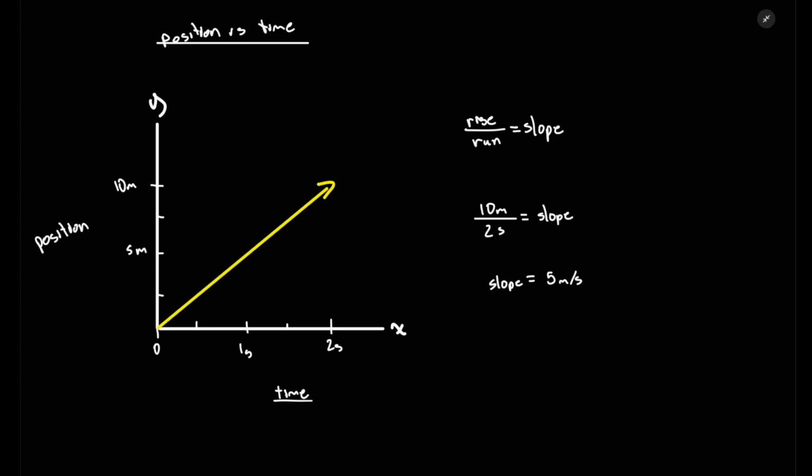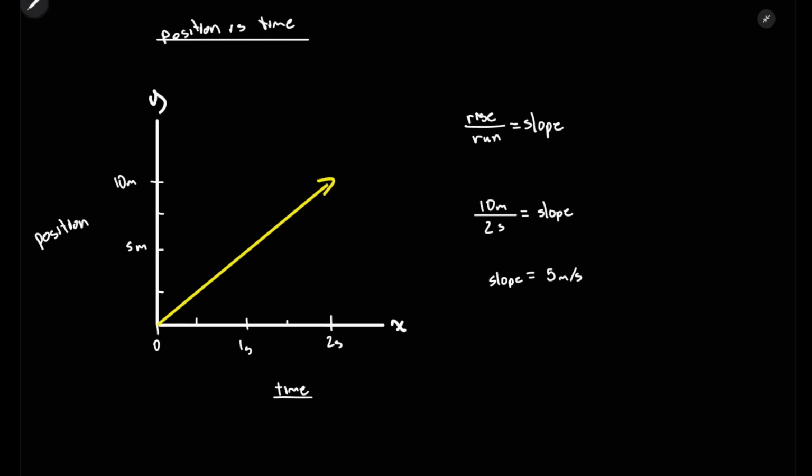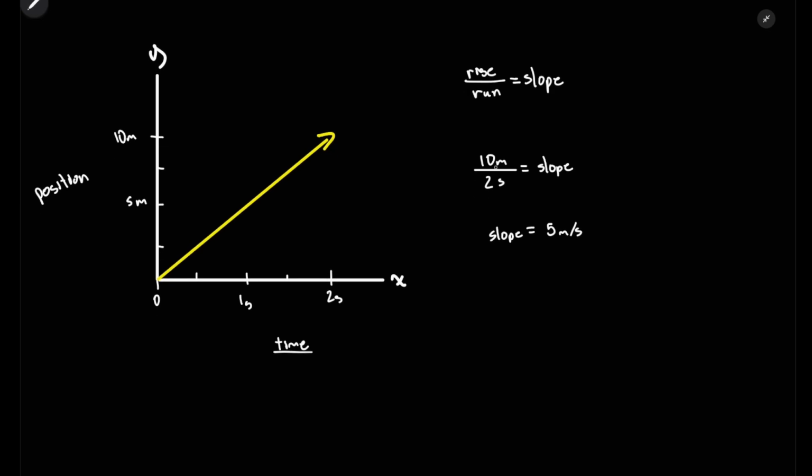So we can convert this meters per second into kilometers per hour. It just takes a bit more calculation. The way this would be turned into kilometers per hour is, instead of 10 meters as the rise, we could just turn this 10 meters into kilometers. So how many meters are there in a kilometer? A kilometer has 1,000 meters, right?